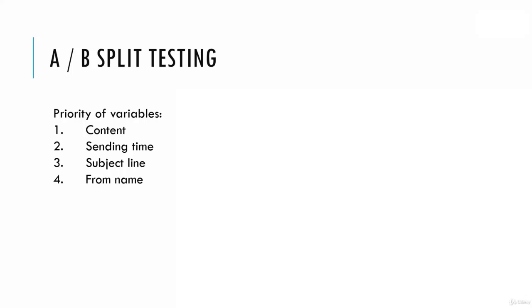But like I said, the least effective for me is the from name split test. From name is a very simple test, but in reality, it doesn't matter what the from name is. If people love your emails from your brand, they're going to open them. So at the end of the day, it still comes down to high quality content that people love. Create content that users will want to open every time.